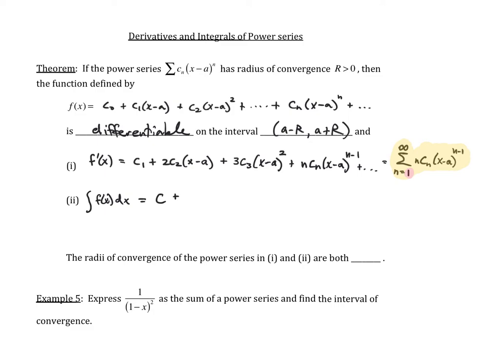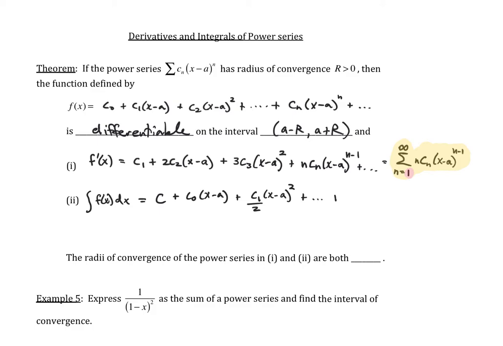And then the antiderivative of the first term is going to be c0 (x minus a). And the antiderivative of the second term is going to be c1 (x minus a), and you've got to add 1 to the exponent, so that becomes squared. You've got to divide by what you just wrote, so that's divided by 2. And so on and so forth.